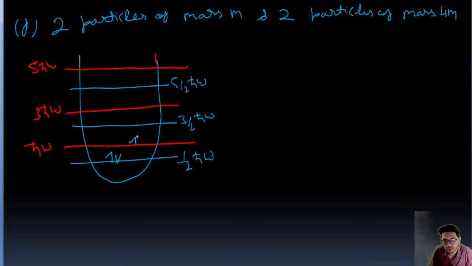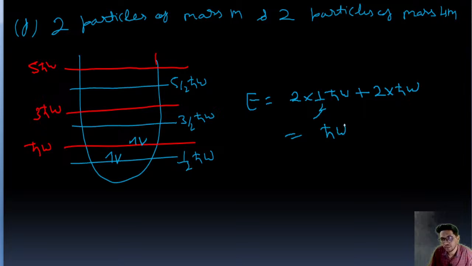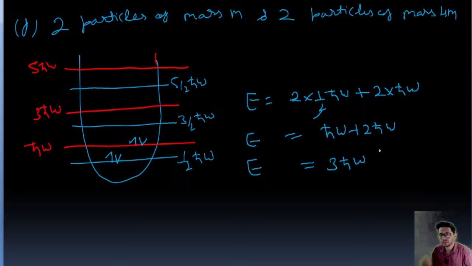So the energy is 2 into 1/2 ħω plus 2 into ħω. The 2 cancels, so ħω plus 2ħω, and this value is 3ħω.